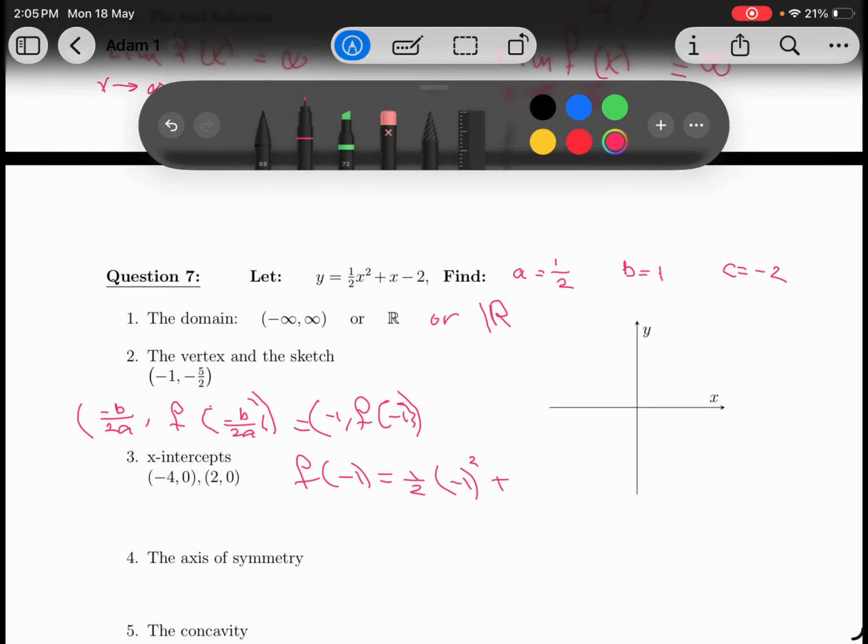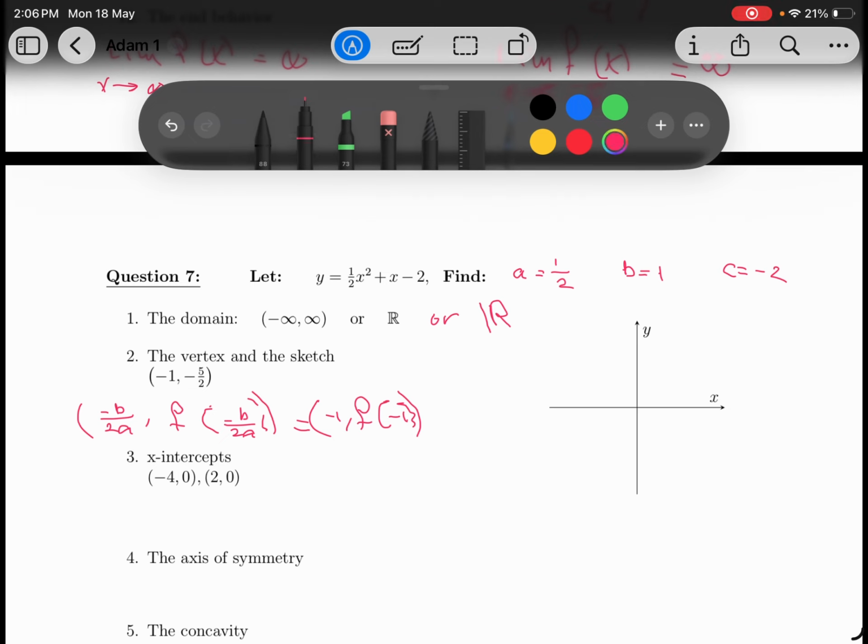Plus minus 1, with or without brackets, it's fine, minus 2. Then you will have the point minus 1 and minus 5 over 2, okay? I will clear this, but I want to show you the calculations and the correct way to write this using your calculator.